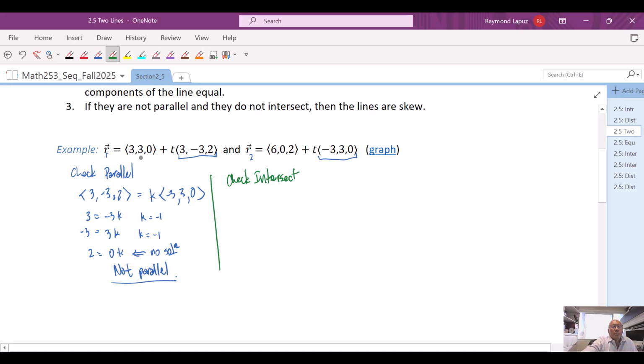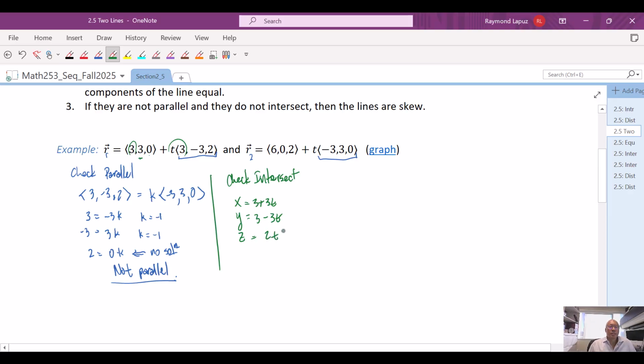So if we write the parametric equations associated with these lines, for the first one, I'm going to get x is equal to 3 plus 3t. And the y would be 3 minus 3t. And then the z would be 0 plus 2t.